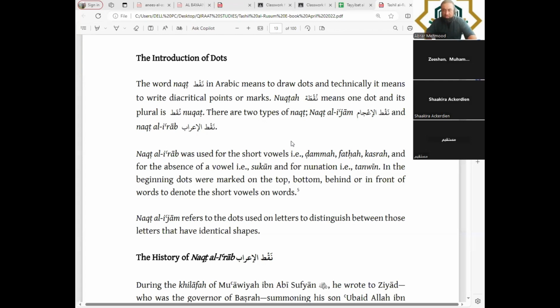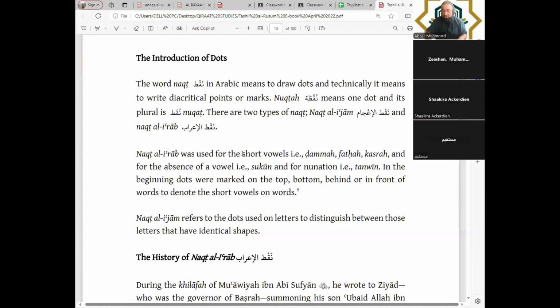But we'll familiarize ourselves with that terminology as we go along. So here, as it says naqt, this refers to diacritical points or marks. That point should be absolutely clear. Please remember that. And then two types, naqtul i'jam, naqtul i'rab.